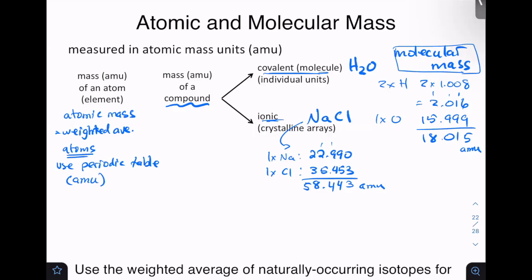We're going to call this the formula mass. And that just has to do with the difference of how we characterize ionic compounds and covalent compounds. You don't need to know that so much for now, but as a preview, formula mass is for a formula unit. This is what we have for ionic compounds.